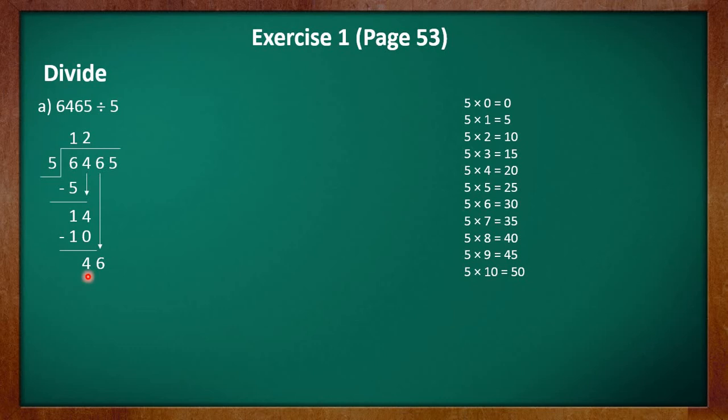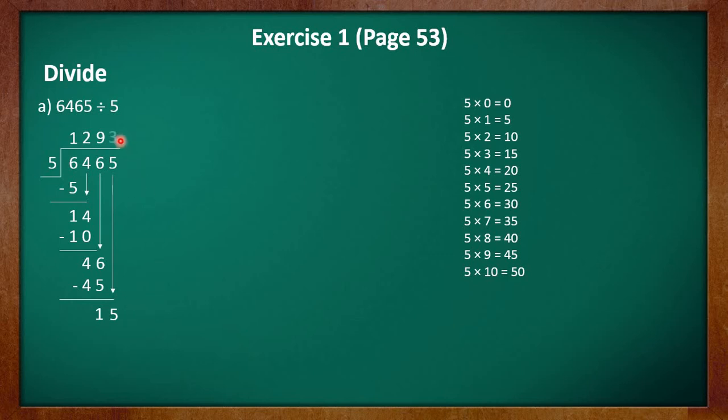Kids, in the table of 5 we have 45 at 9. So we will write 9 as quotient and 45 under 46. On subtraction, we will get 1 as remainder and we will bring this 5 down now. So this number becomes 15. Kids, we know that 5 threes are 15. So we have this number 15 in the table of 5, which is at 3.